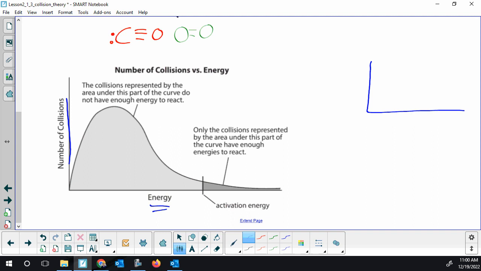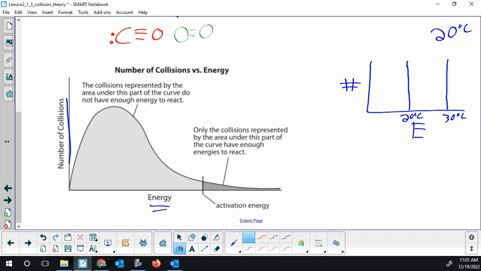What you would probably think this would look like, if we look at energy versus count, is that if a bunch of molecules are at 20 degrees Celsius, they would all have a certain amount of energy that would correspond to 20 degrees Celsius. And if you heated them up, then they would all have more energy. All of them would jump to a higher energy count. But that's not what we get.